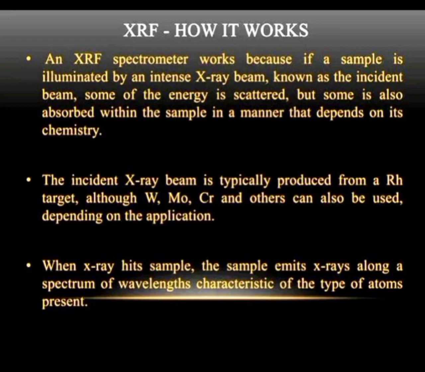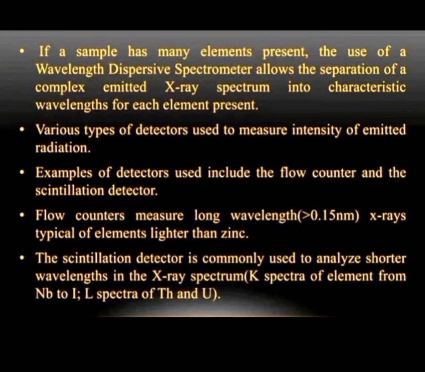When X-ray hits the sample, the sample emits X-rays along a spectrum of wavelengths characteristic of the type of atoms present. If a sample has many elements present, the use of a wavelength dispersive spectrometer allows the separation of a complex emitted X-ray spectrum into characteristic wavelengths for each element present.